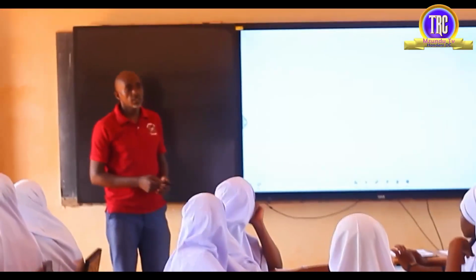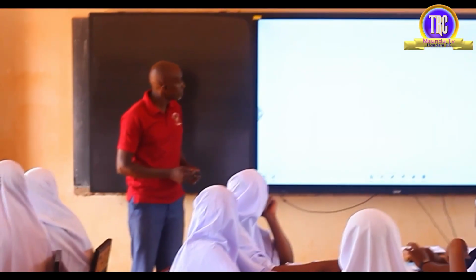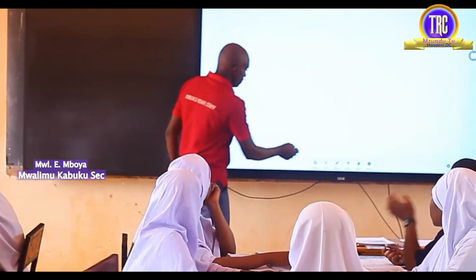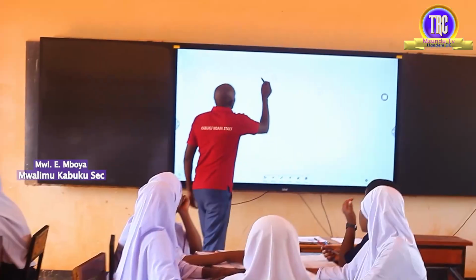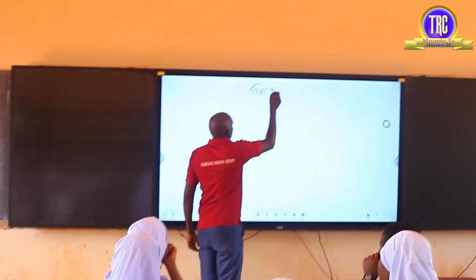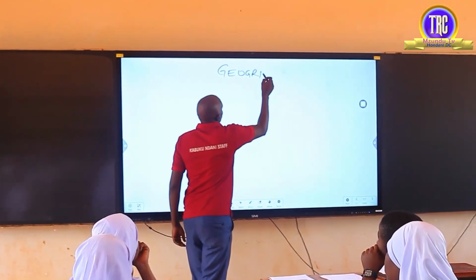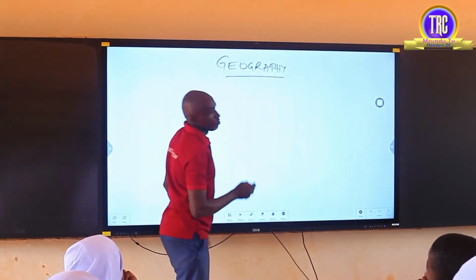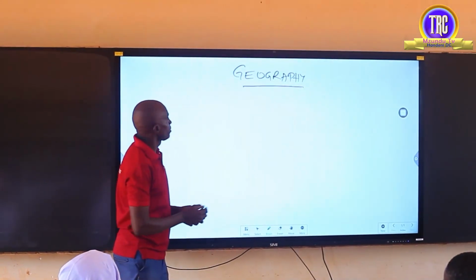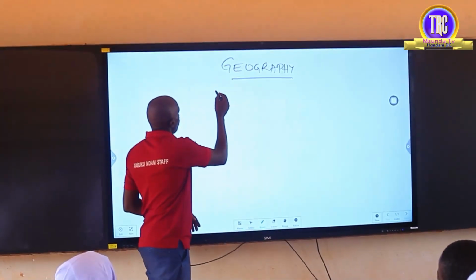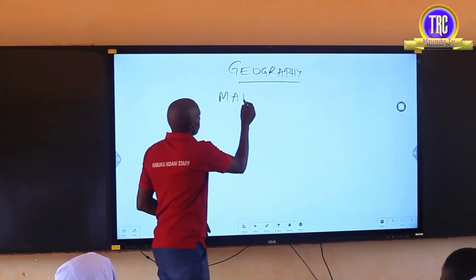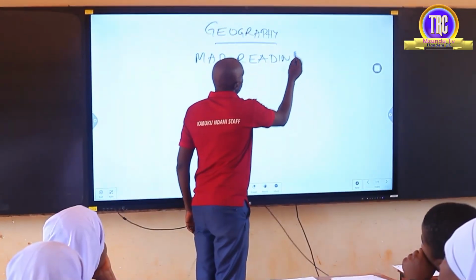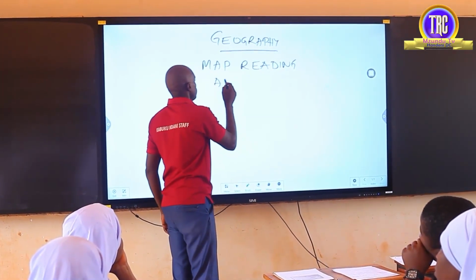Okay, students. Today we are going to study about geography. The subject is geography. And especially today we are going to look at the topic of map reading, map reading and interpretation.